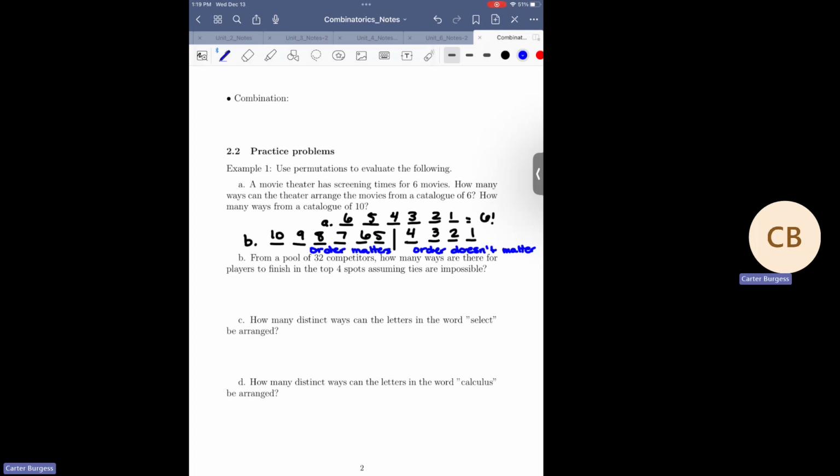We actually have kind of already done this. What would I do to figure out the number of ways that I can shuffle around those last four slots? It's 4 factorial. It's 4 times 3 times 2 times 1. There are 4 factorial ways to mess with those last 4 slots.